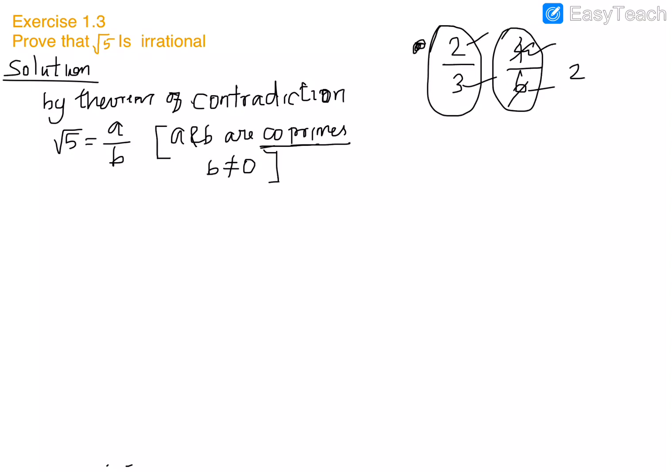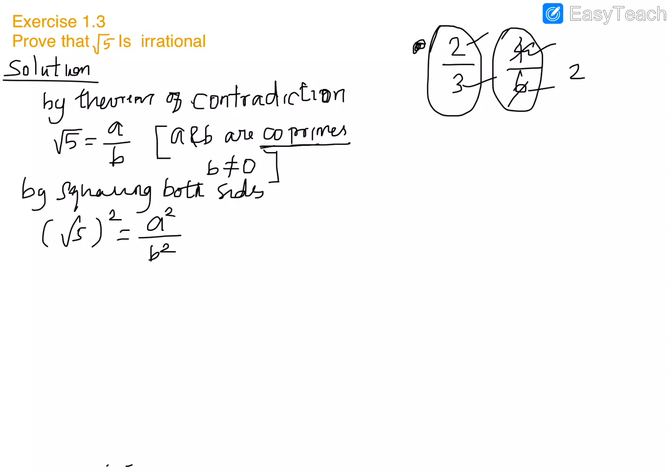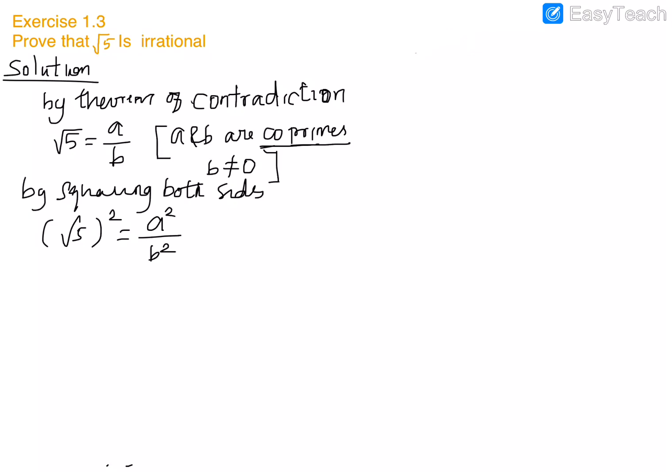So let's try solving this. By squaring both sides, we will get 5 equals a square by b square. In the next step, the b square comes across, so 5b square equals a square.